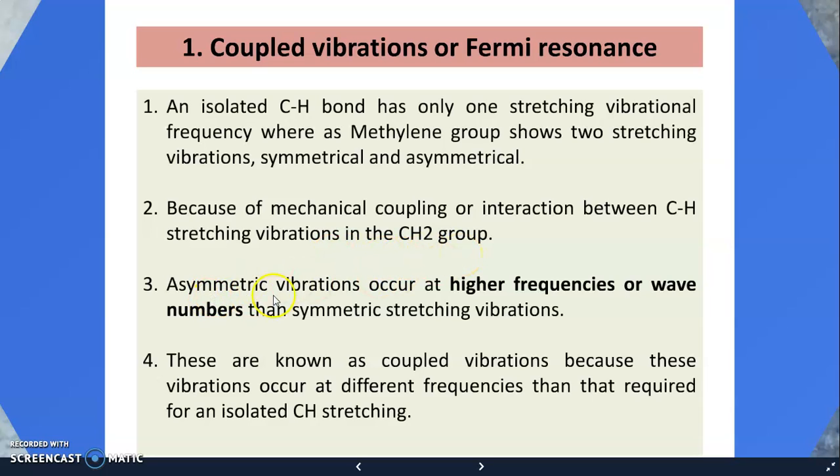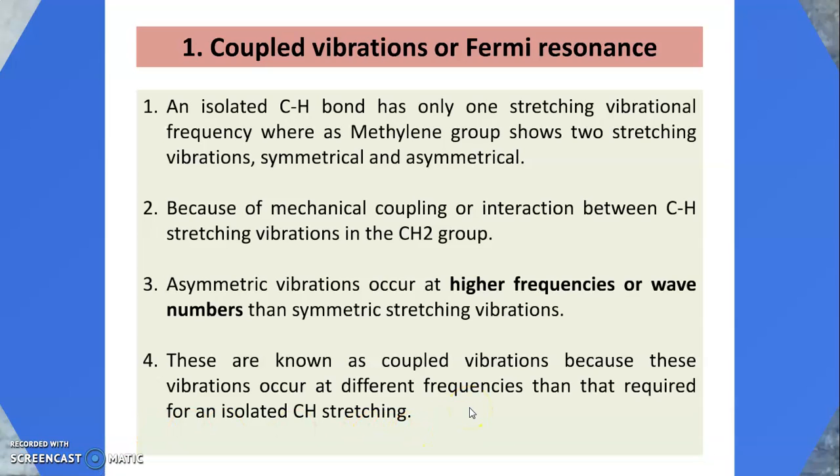Now, the asymmetric vibration occurs at a higher frequency than the symmetric stretching vibration. These are known as coupled vibrations because they occur at a different frequency than that required for isolated CH stretching. So remember, due to this, symmetric and asymmetric coupled vibrations take place at somewhat different frequencies.